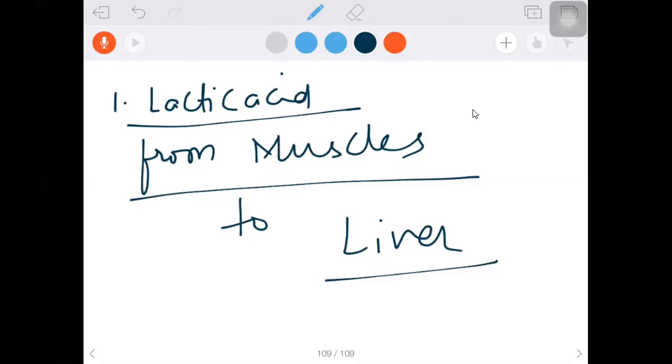Inferior vena cava. I am particularly using this because we run, actually. That means the muscles of the legs we are talking about. Inferior vena cava is going to collect that. Inferior vena cava, right atria, right ventricle, pulmonary aorta. Then we reach the lungs, pulmonary vein, left atria, left ventricle, left systemic aorta, dorsal aorta, and then hepatic artery.